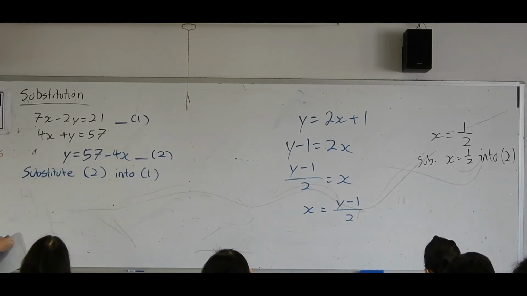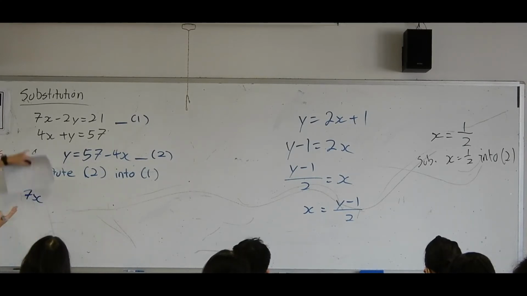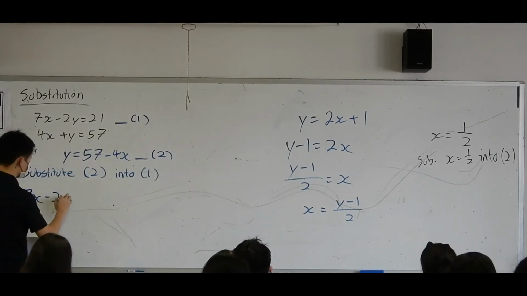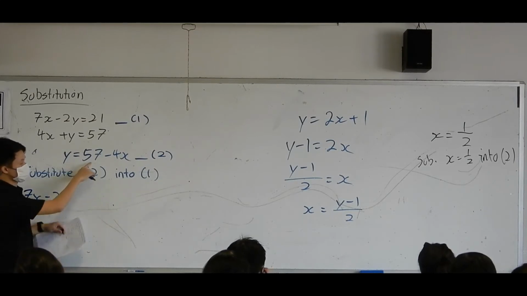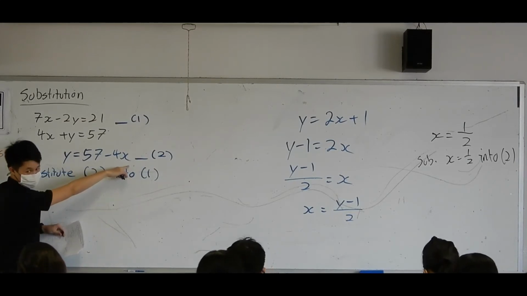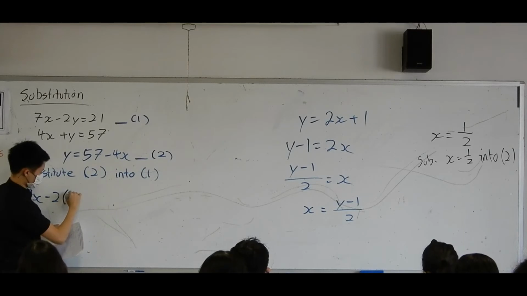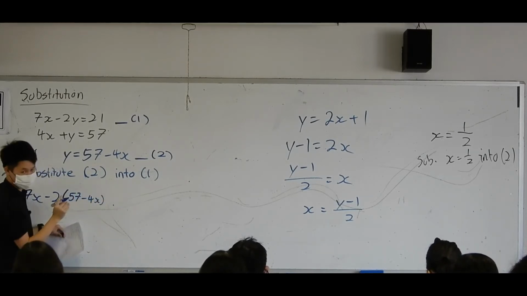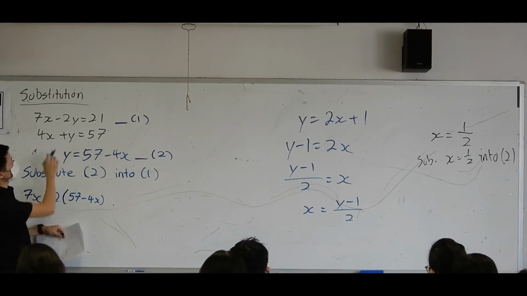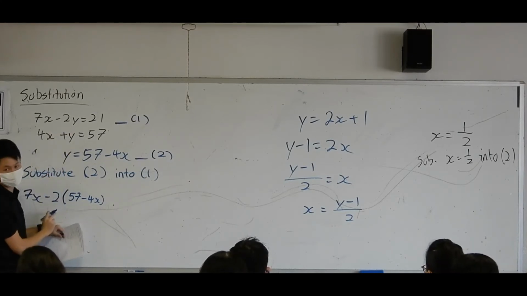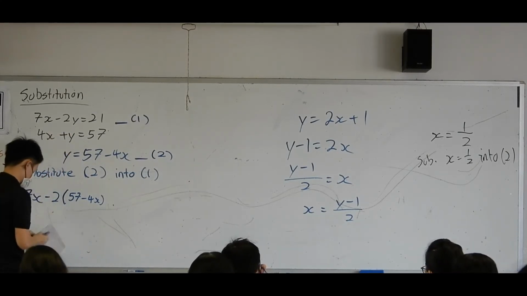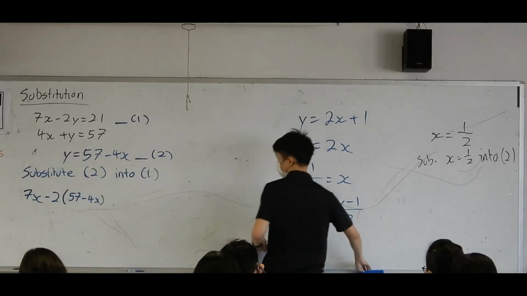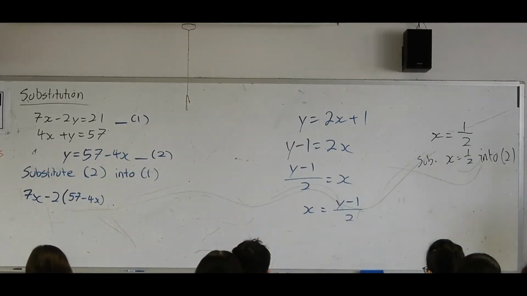Okay, so in this case 2 into 1, so 7x is something I have to leave there, minus 2y. y is now 57 minus 4x, so it will replace y. So it becomes minus 2 times 57 minus 4x. Okay, wait, let me change the color so that maybe you can see it better.